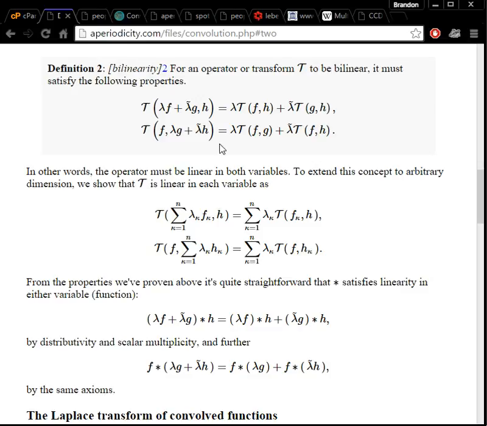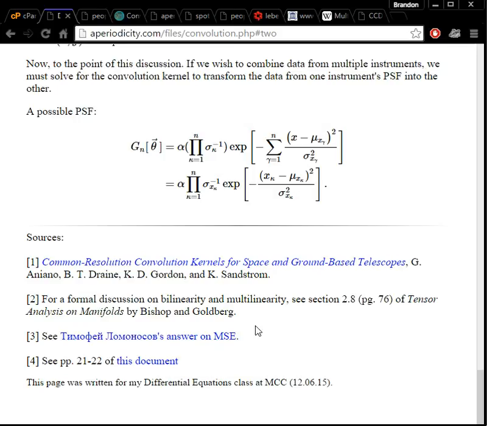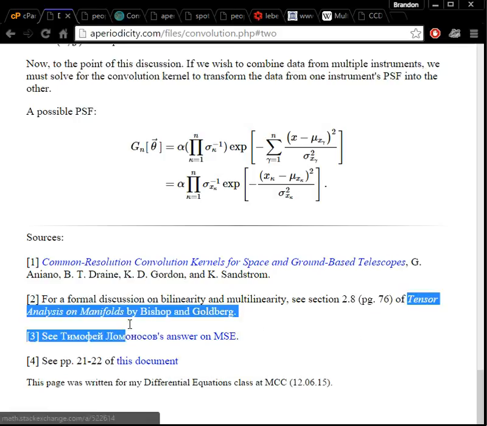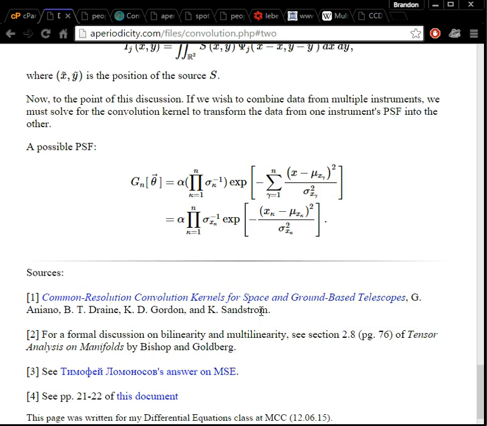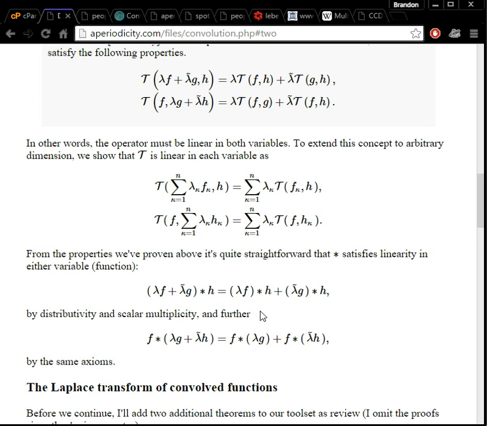Now this can also be extended to multilinearity. So in this book, Tensor Analysis on Manifolds by Bishop and Goldberg, we know that they have a more formal discussion about multilinear functions and spaces and dual spaces and all of that fun stuff, tensors.